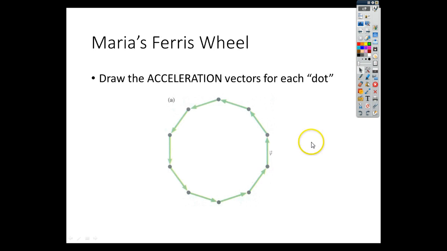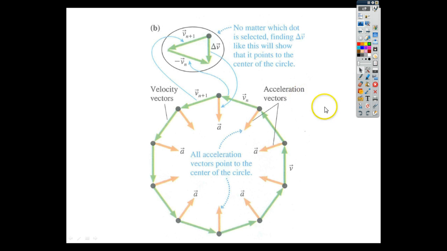For the next slide, we have Maria's Ferris wheel, and we want to know the acceleration vectors for each dot. To do these, we can just use this diagram. We take our Vn plus 1, we take our Vn, and we make it go in the opposite direction with the same magnitude.